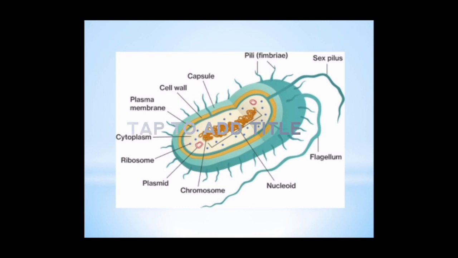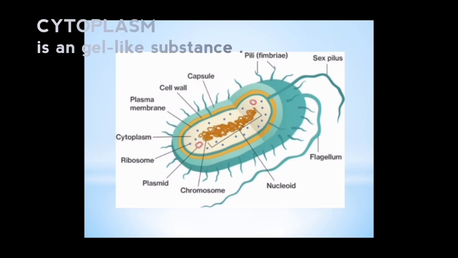While the cytoplasm is a gel-like substance where, in bacterial cells, the functions for cell growth, metabolism, and replication are carried out.